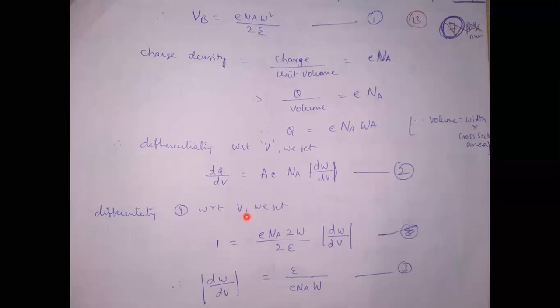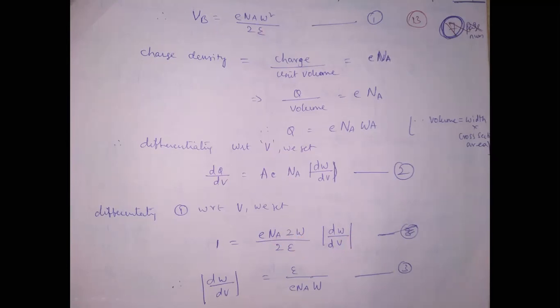If I differentiate equation 1 with respect to V, I will get ENA 2 W dW by dV, which is the magnitude here.